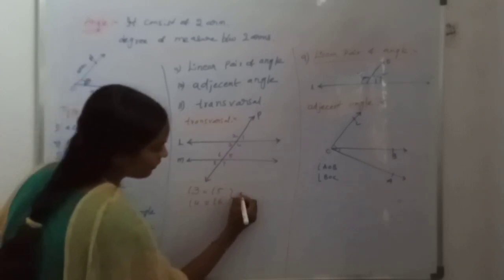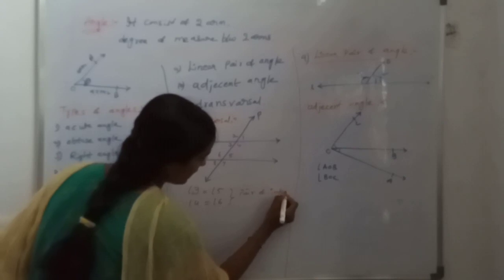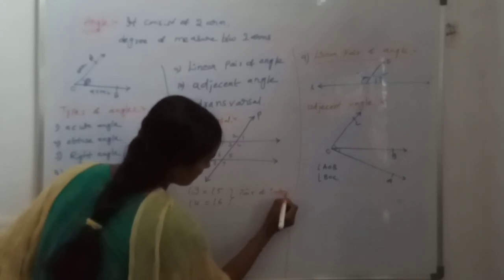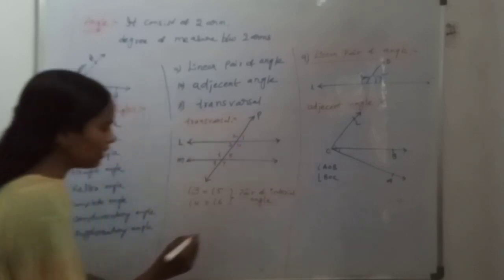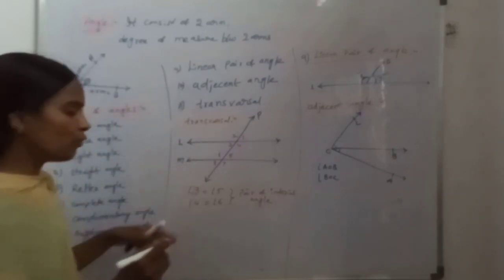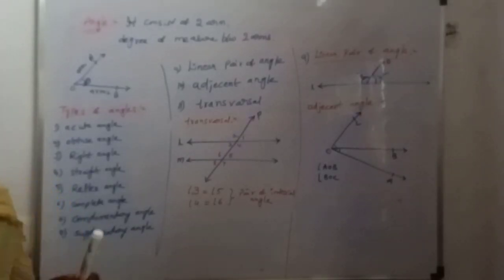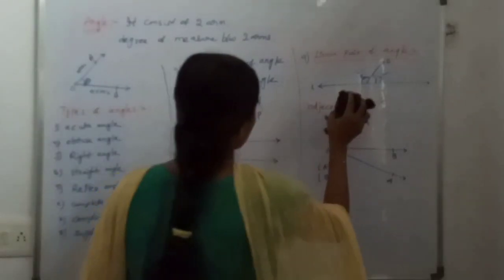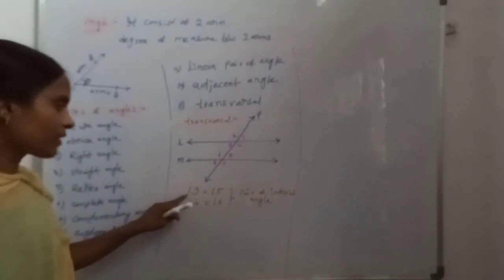These are our pairs of interior angles. Now let's see exterior angles. What is the exterior angle? It is the interior angle.